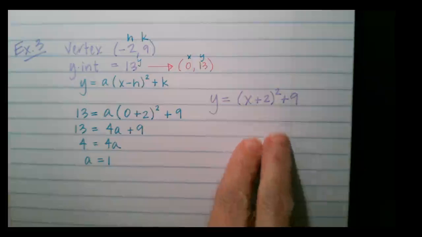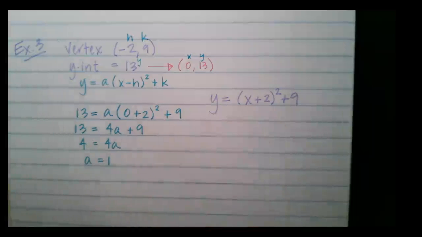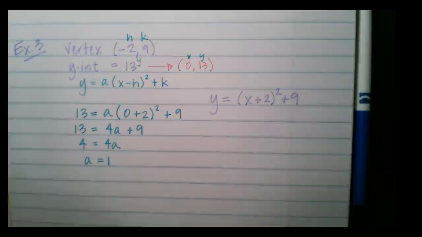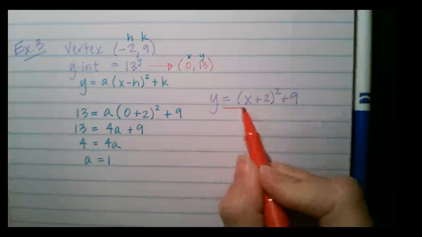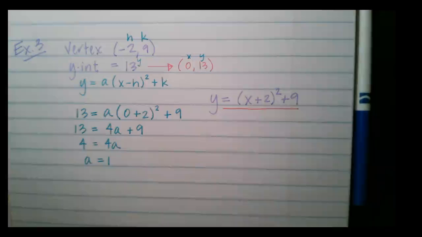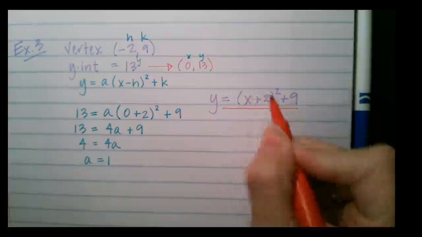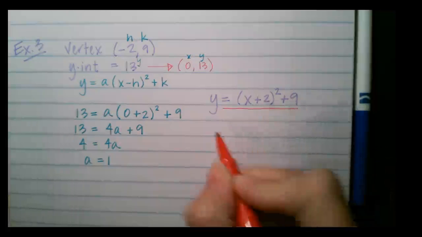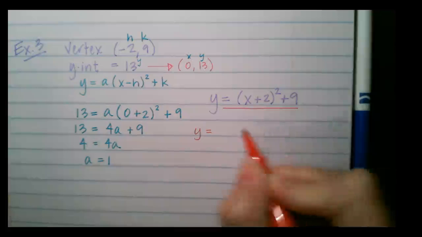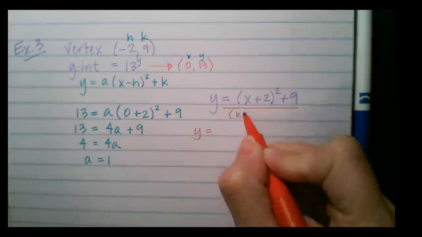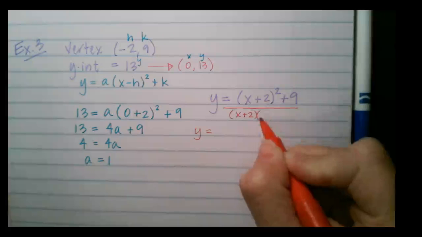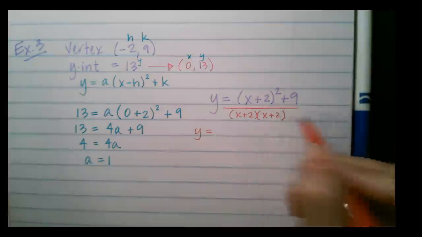Now, I might not be able to see it from here, so I'm going to take one more step, and that is that I'm going to show you if I convert this into standard form, you'll be able to see the y-intercept. So for standard form, I need to multiply my binomials together. So what that means is that I'm doing x plus 2 times x plus 2.